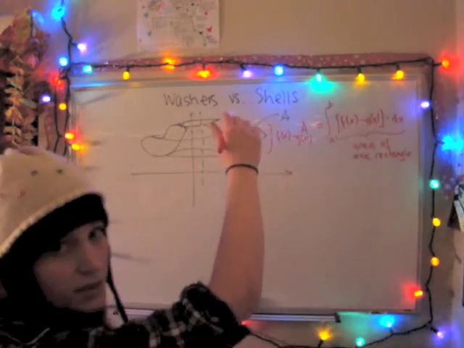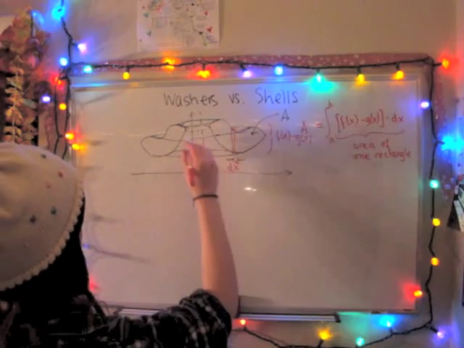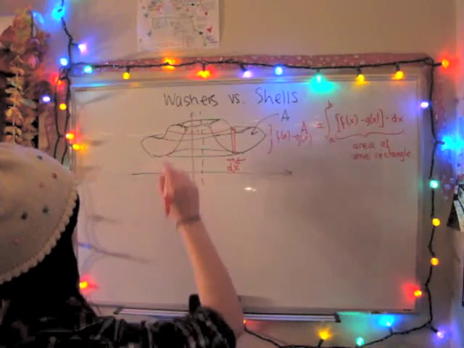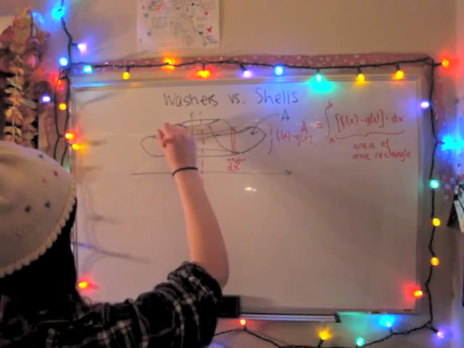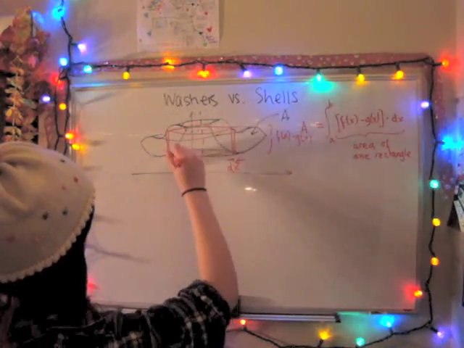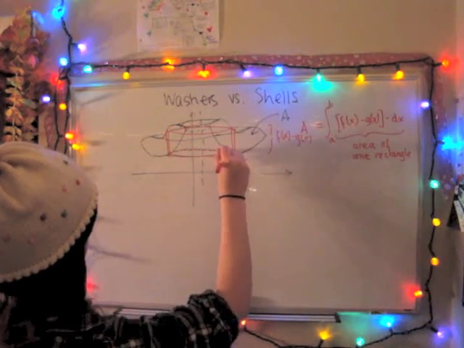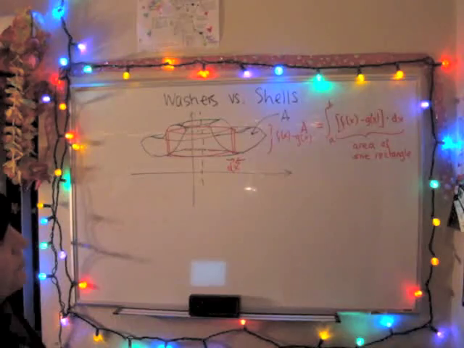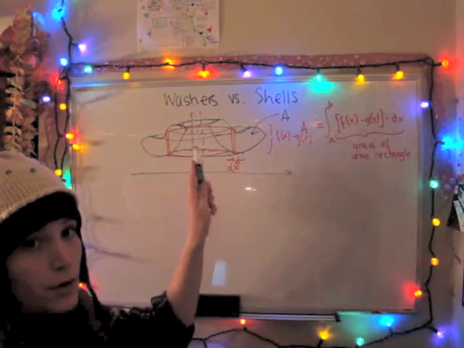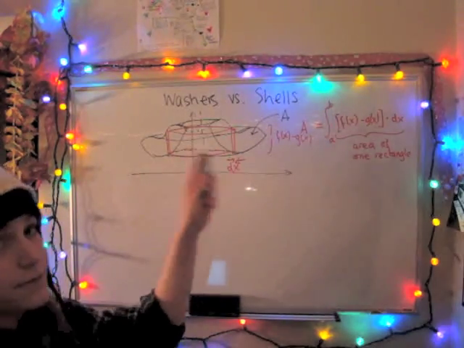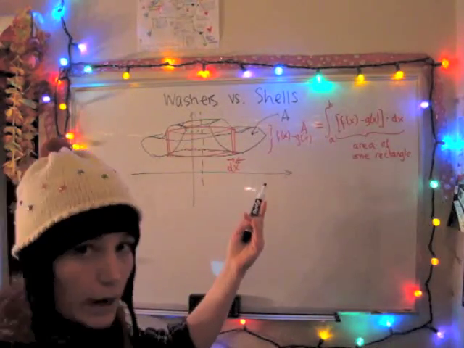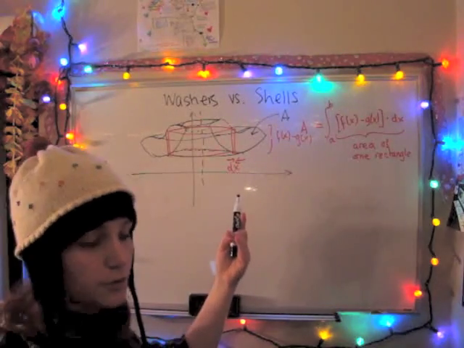And now take your slice and rotate your slice again. So, do this. This is going to turn up over there. So you can see that this rectangular area slice, when you rotate it around the axis of rotation that the rest of the area is getting rotated around, you don't get a washer anymore, you get a cylindrical shell.